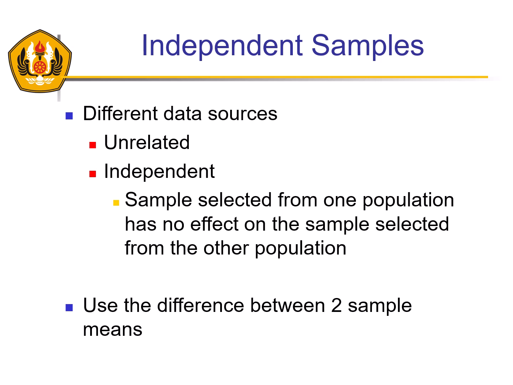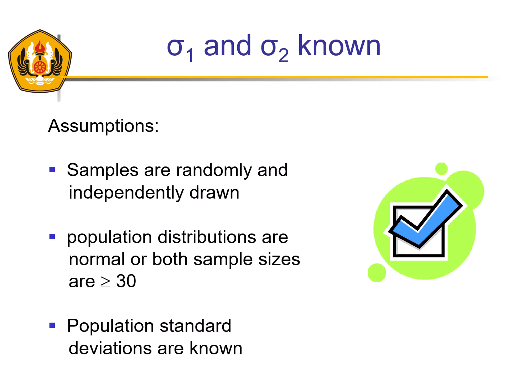Samples selected from one population have no effect on samples selected from the other population. So the two populations are independent, and samples taken from each are also independent. We use the difference between the two sample means to do the hypothesis testing and also the estimation for the means.